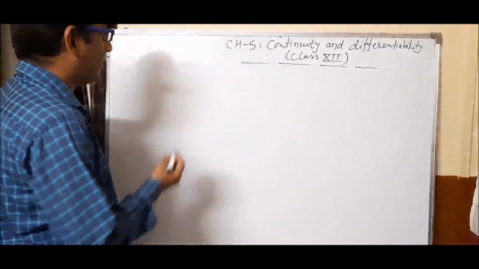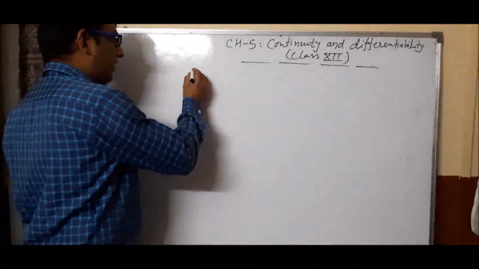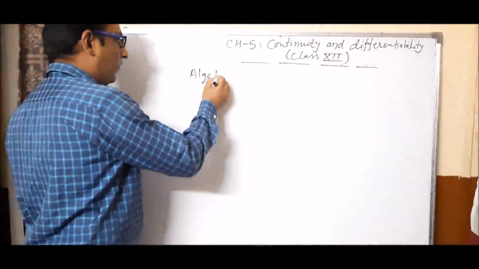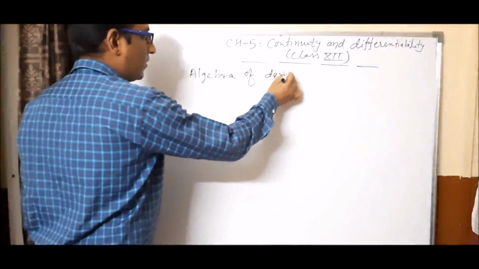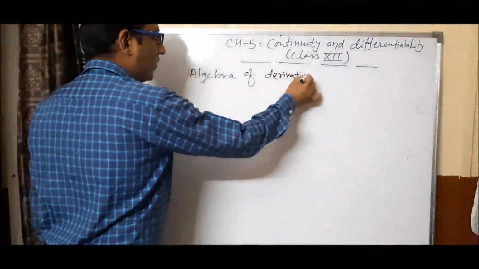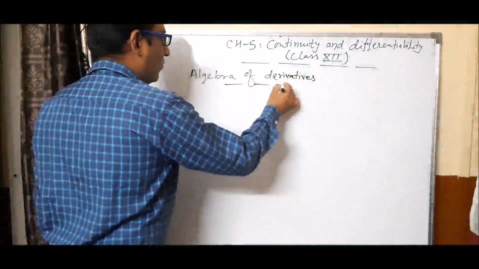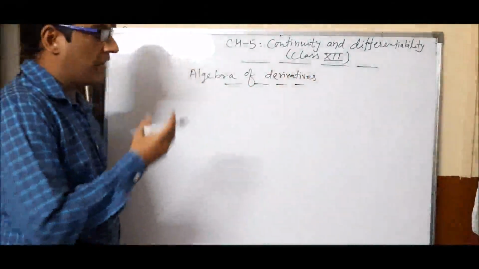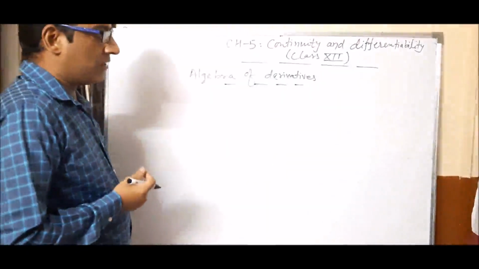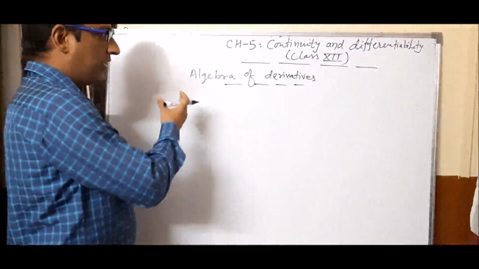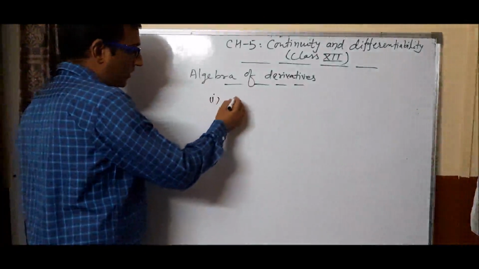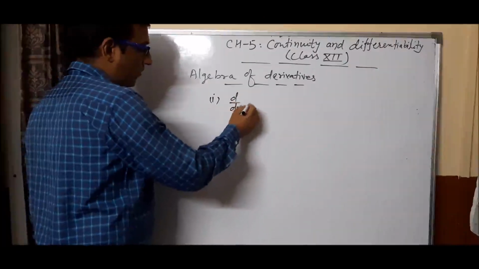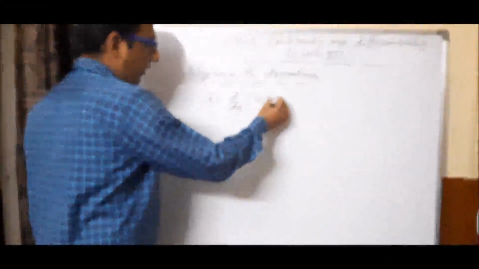Now I am continuing with the next concept, and the next concept is algebra of derivatives. Under this heading we will include some formulas related with the algebra of derivatives. The first formula is d/dx of (u plus v).